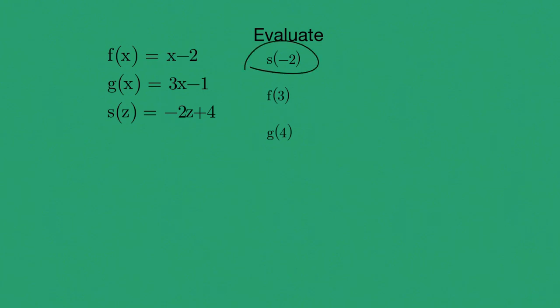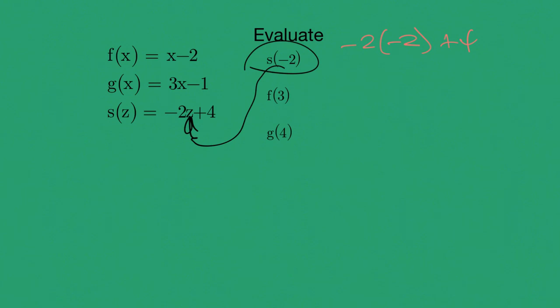So we're going to take this negative 2 and go to the s function and replace the z with it. We're going to replace z with negative 2. So right here it's going to be negative 2 times negative 2 plus 4. That's all it's telling you to do.